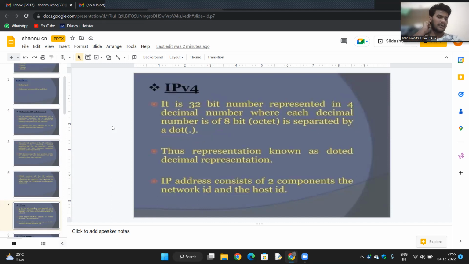IPv4 is a 32-bit number represented in 4 decimal numbers, where each decimal number is 8 bits, meaning an octet, separated by a dot. This is known as dotted decimal representation. An IP address consists of two components, the network ID and the host ID.